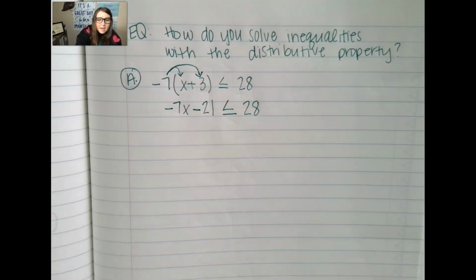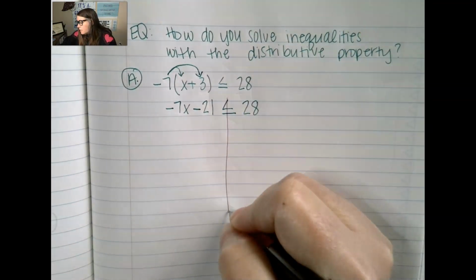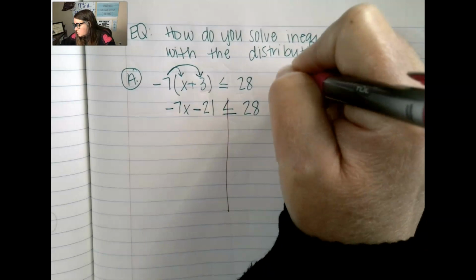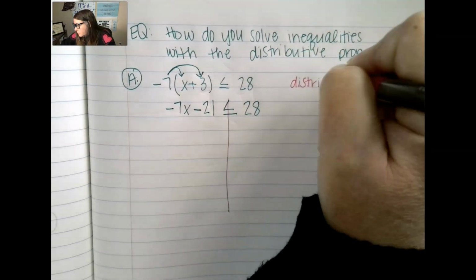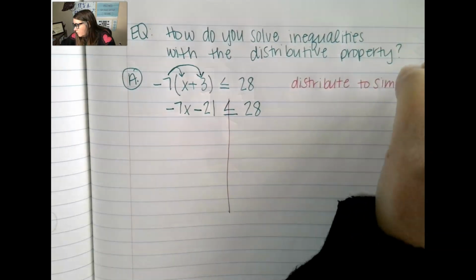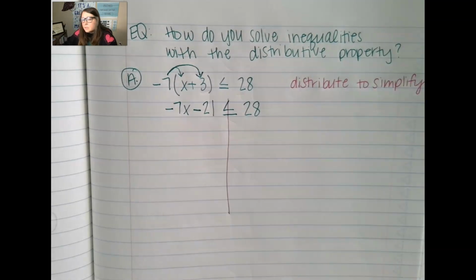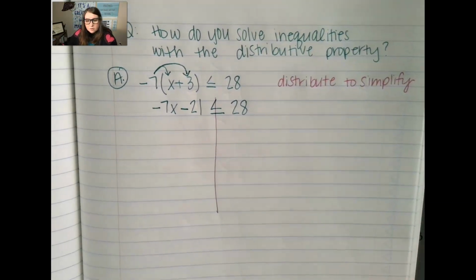So we're going to solve this using the two-step method. First we needed to distribute, and now we're ready to solve using our two different steps.